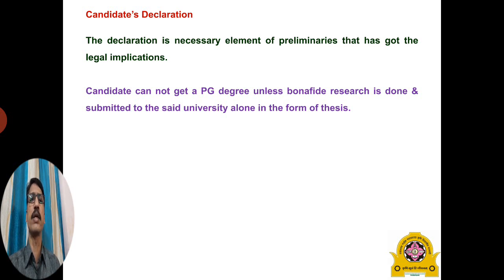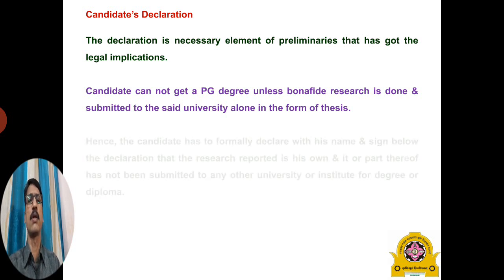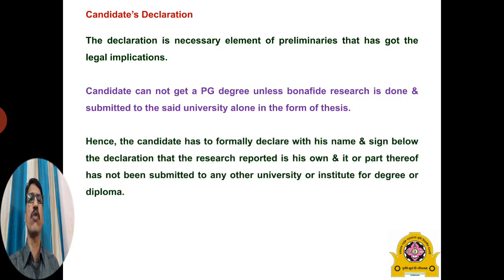Candidates cannot get a PG degree unless bona fide research is done and submitted to the said university in the form of a thesis. Hence, the candidate has to formally declare with his name and signature below this certificate that the research report is his own and that it or part thereof has not been submitted to any other university or institution for a degree or diploma.